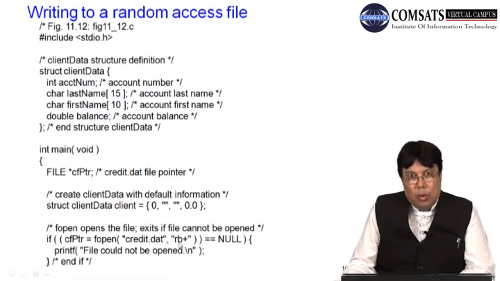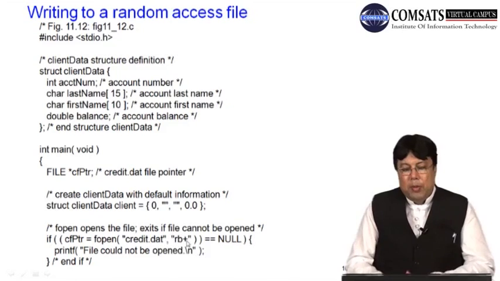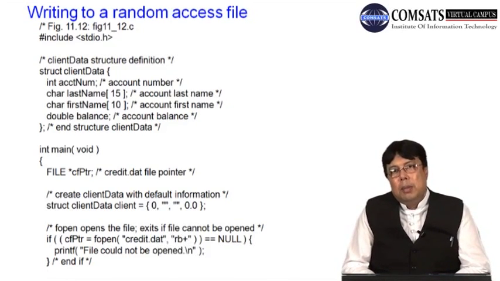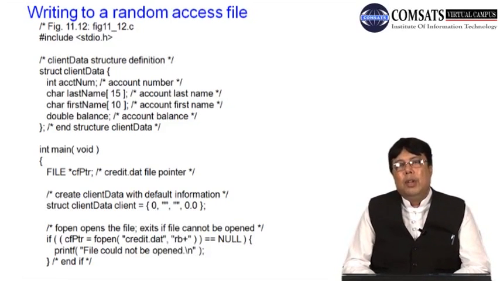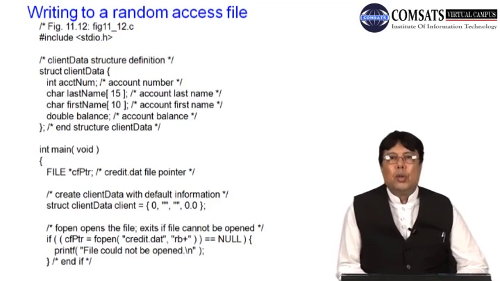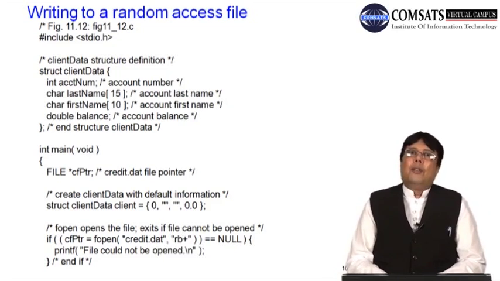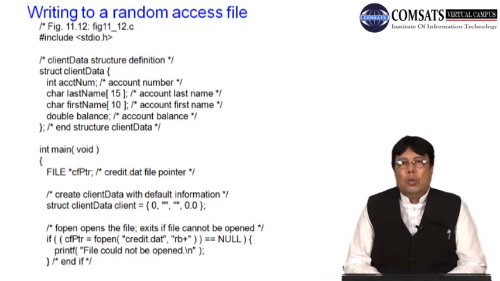This time we are opening the file in the mode rb+. Do you remember what rb+ means? First of all, rb is a mode in which you are going to open the file. The mode could be to read a file, or to write into a file.